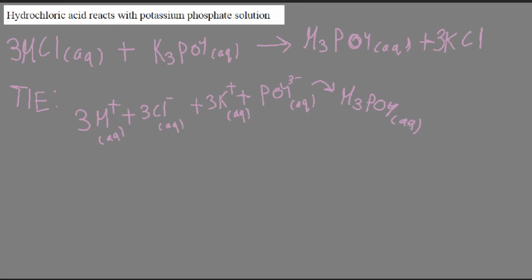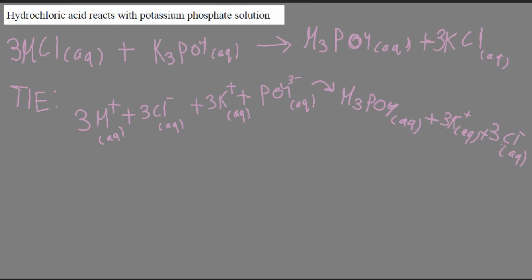We're just going to write it as aqueous regardless. And then plus 3, oh yeah, I forgot to write this as aqueous. Plus 3K plus aqueous plus 3Cl minus aqueous.